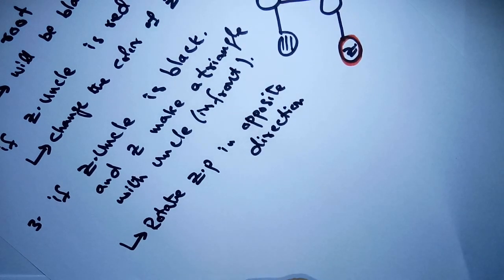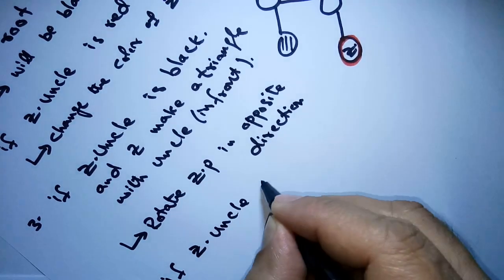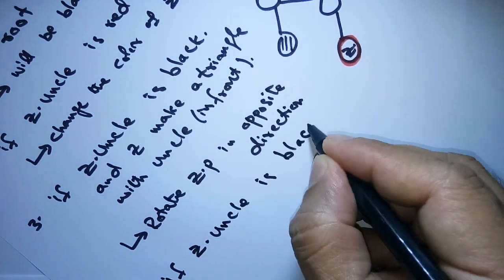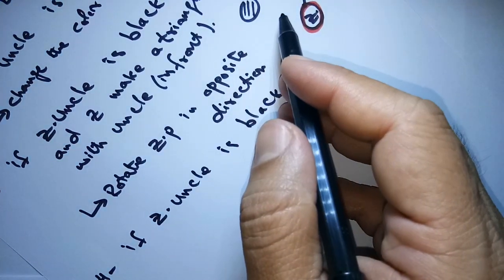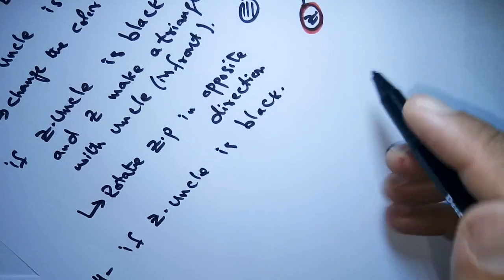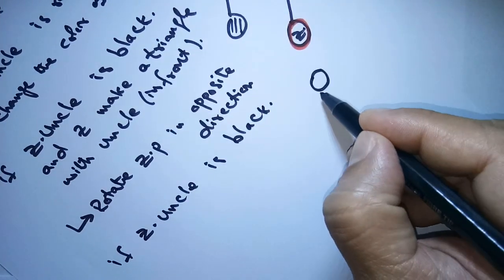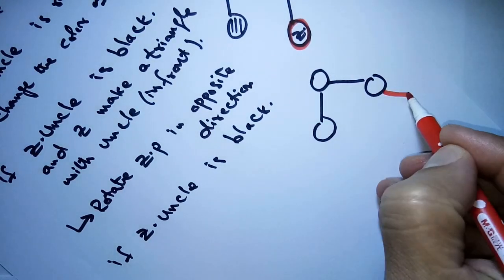Finally, the fourth rule: if Z dot uncle is black but Z doesn't make a triangle with its uncle, but makes a line with its parent. For example, this is the uncle, this is the parent, and this is Z that is inserted.